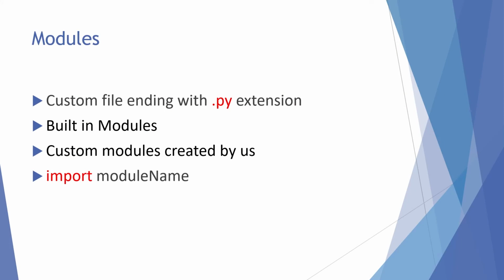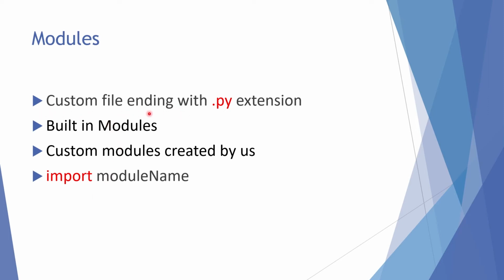Now we will be talking about modules. First of all, Python comes with a large number of built-in functions, and these functions are saved in files known as modules. To use the built-in code in Python modules, we have to import them into our programs first with the import keyword.